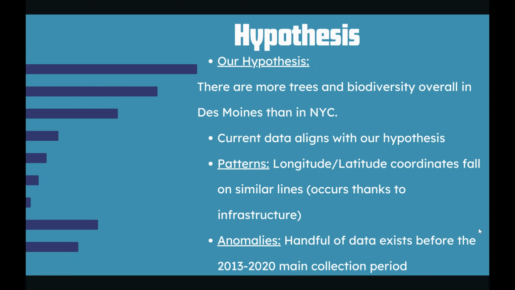But there were a lot of issues in terms of how the data was put in. But overall, it was helpful in understanding how tree populations are affected in urban areas today.